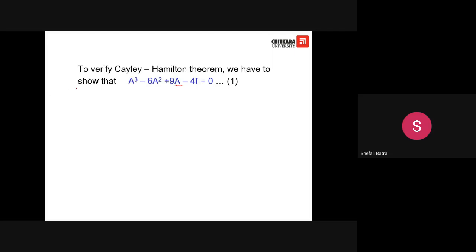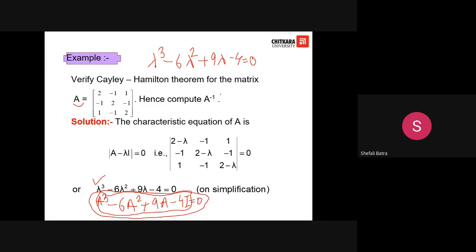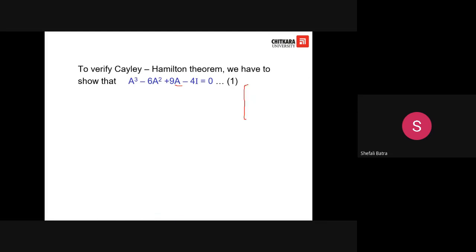Hurry up, find A square and tell me the value, and then we will check it.